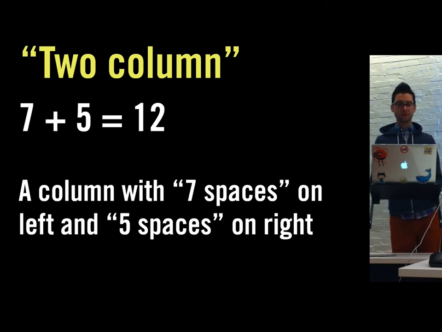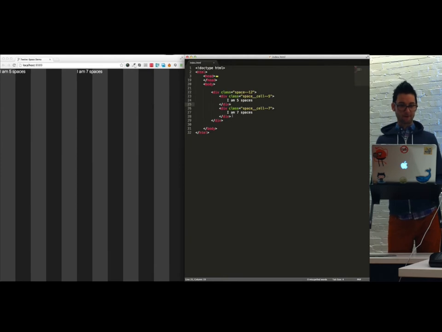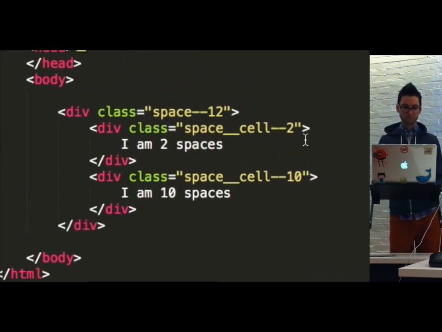And if I wanted to also change it to be maybe 2 spaces and 10 spaces, well, I just change that modifier from 5 to 2 and the 7 to 10. So you just saw the reverse, and here's the 2 and 10. And it's as easy as that.